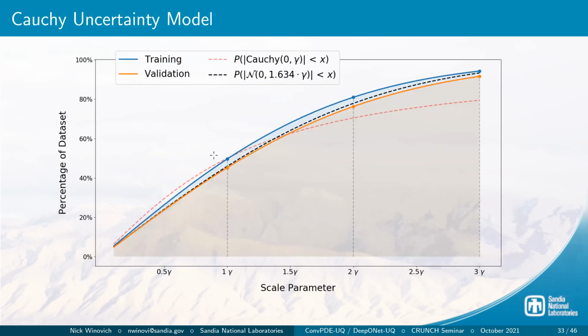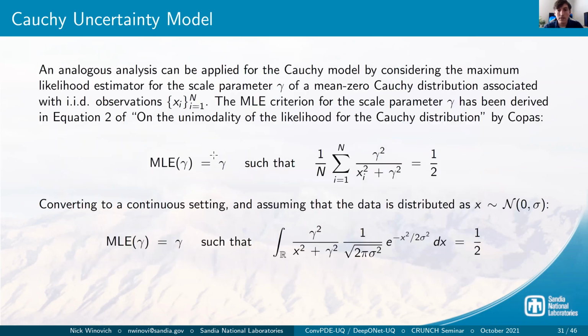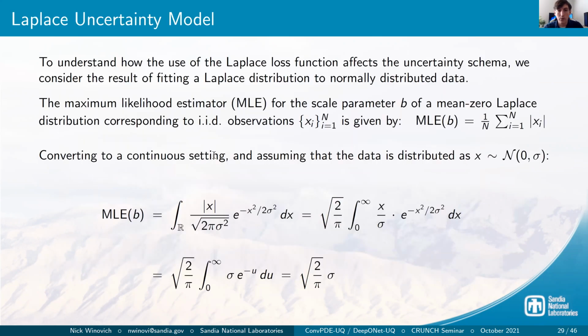And how about the mean prediction? Did it get better or worse by using another loss function? It was maybe slightly worse, but it was barely noticeable. It was not that bad. It's just that the uncertainty was no longer trustworthy. So the mean prediction actually still did quite well.